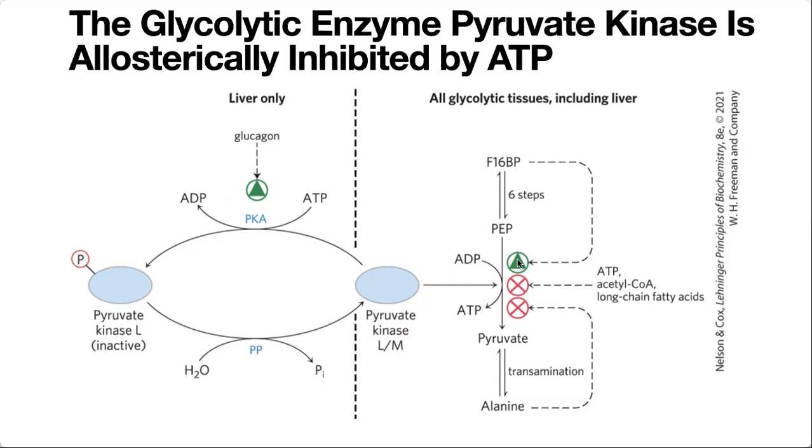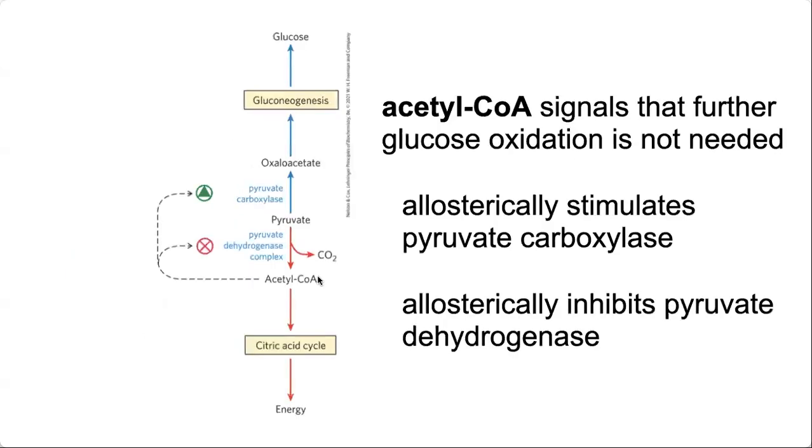Why does it make sense to be regulated by ATP? Well, if you take pyruvate, you can go different directions. You can take it through the citric acid cycle and generate energy. You can make ATP. Or you could take it to oxaloacetate, go to gluconeogenesis and make glucose.